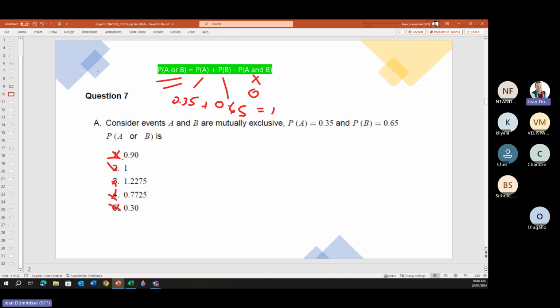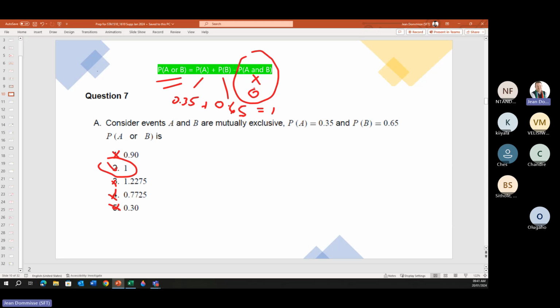Okay, so actually in this instance 1, but again, it could have been 0.25 and 0.55. Just remember the important thing, when it's mutually exclusive, your AND is always 0.